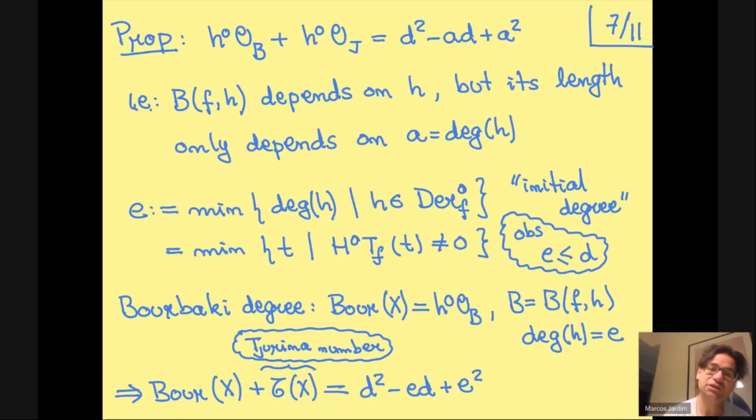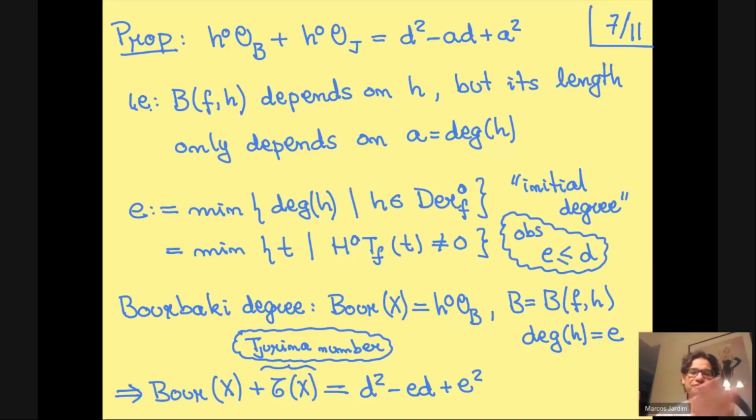What is, you said Turing number? Tiurina number. So the Tiurina number is precisely the length of the Jacobian scheme. Okay. Right. So it's something that only depends on the singularities of f.